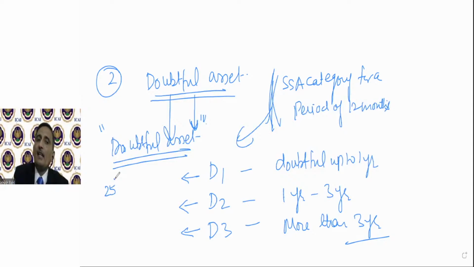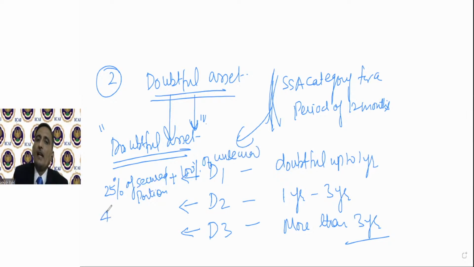For D1, it is 25% of secured portion. Say, if the outstanding balance is fully secured, then 25% of secured portion. If there is some unsecured balance also, then 100% of unsecured.